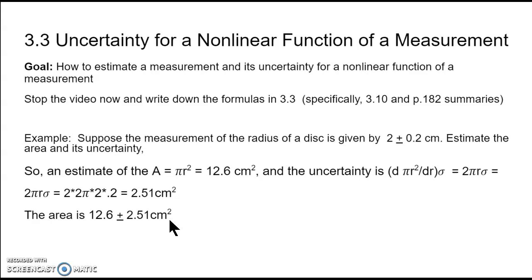So notice when we start looking at area, the error has doubled again. The uncertainty in that estimate started as 0.2, then it went to 1.26, and now with area, when we go to nonlinear functions, the error has increased.